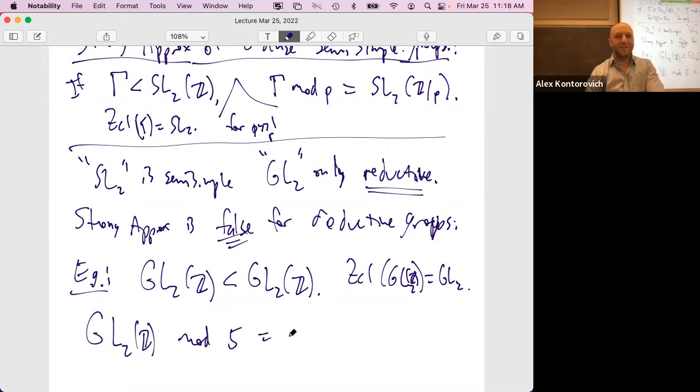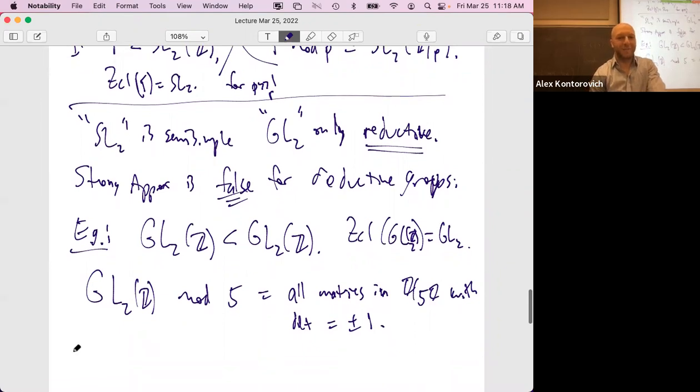You will get all matrices in Z mod 5Z with determinant plus or minus 1, in other words, 1 or 4. Compare that to GL2 of Z mod 5. What's GL2 of Z mod 5?